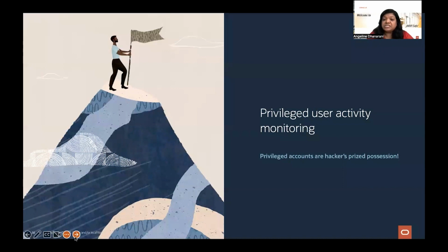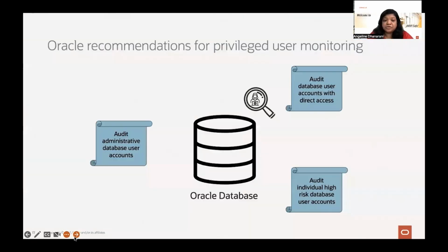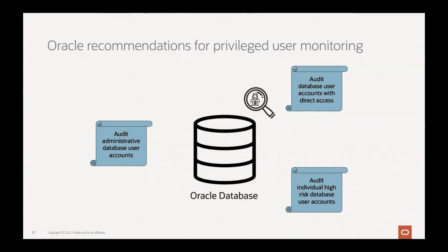Now, coming to each of these three categories, the first one is privileged user activity monitoring. There are three different kinds of privileged users that you might want to audit. One is the administrative database user accounts. One is the user accounts with direct access. In a couple of the compliance guidelines, we have seen that this is emphasized: those who have direct database server access, all their accounts are documented to be audited.